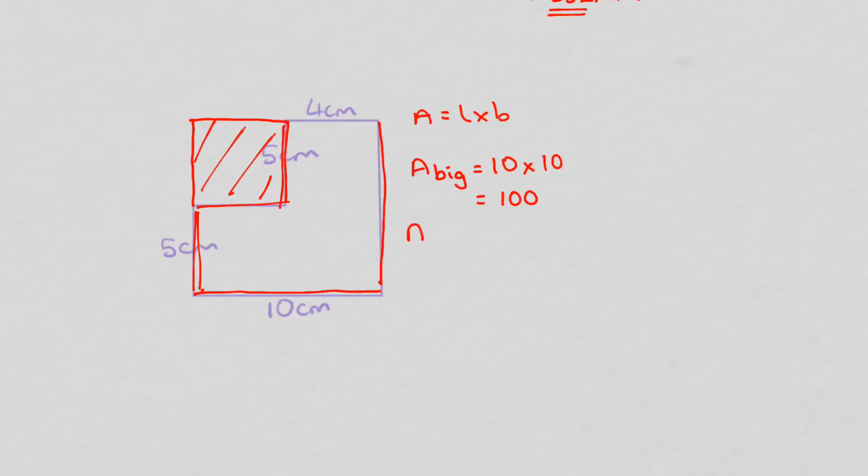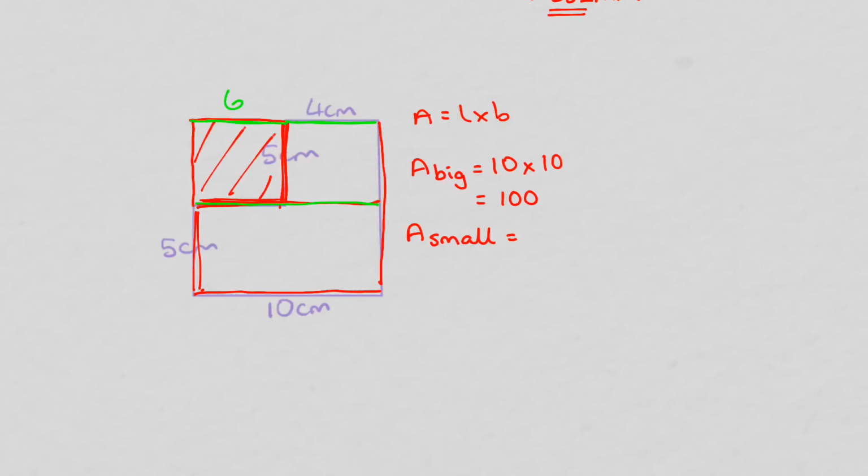So the little rectangle is 5, and we don't have that length there, so we need to just check. So all the way across there would be 10. That bit of it is 4, so that bit of it must be 6.